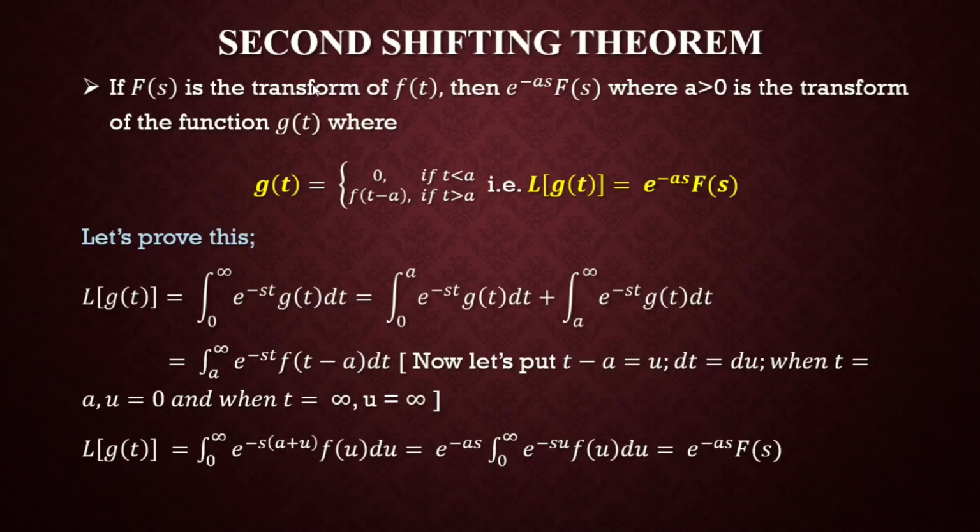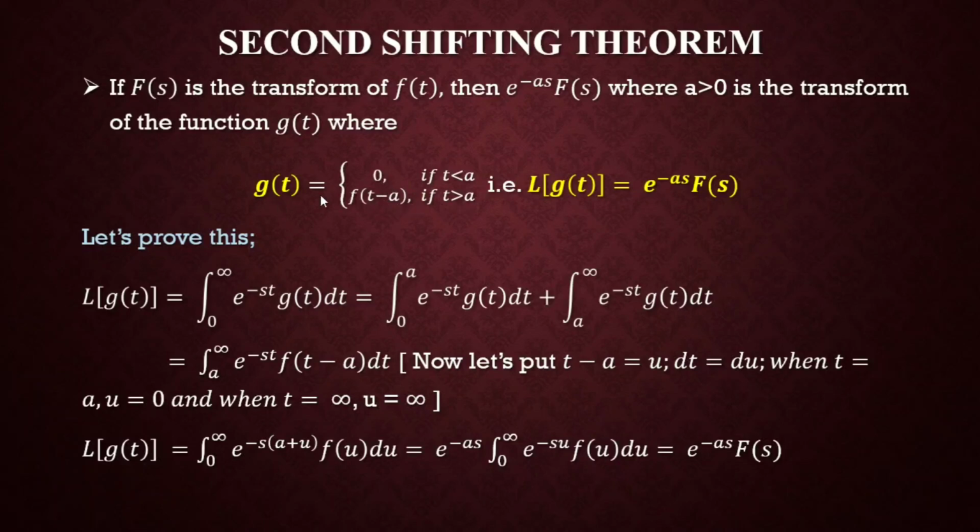Now, according to second shifting theorem, if f of s is the transform of the function f of t, then e raised to minus as f of s, where a greater than 0, is the transform of the function g of t, where g of t is defined by 0 when t less than a and f of t minus a when t greater than a.